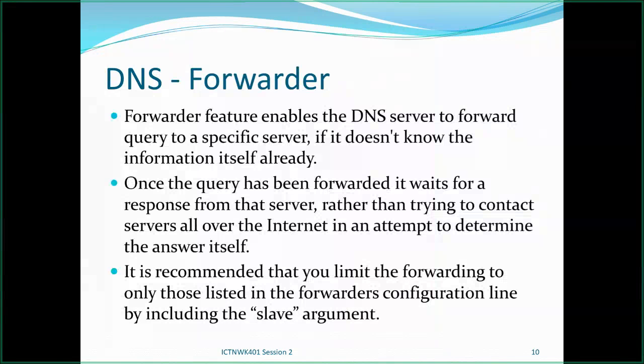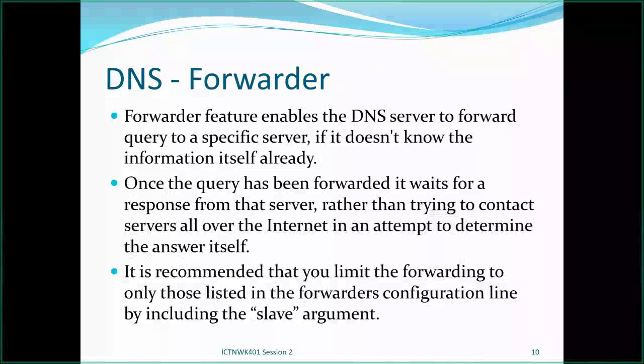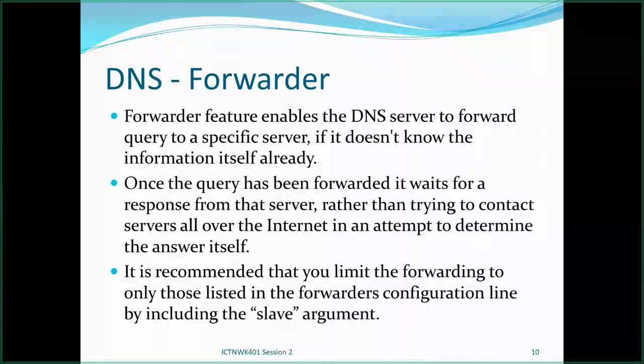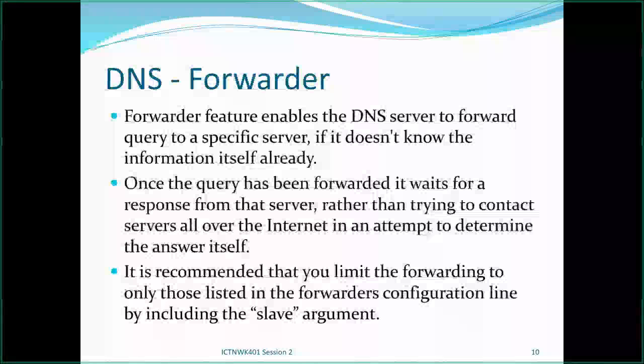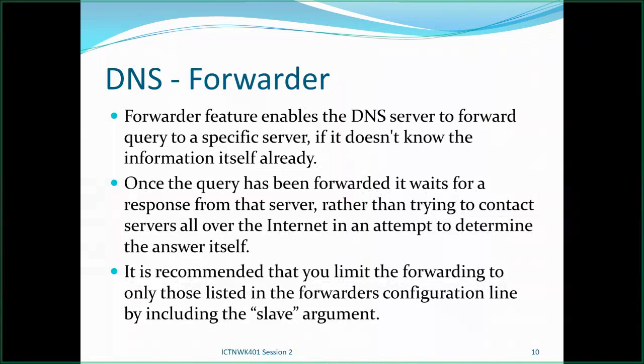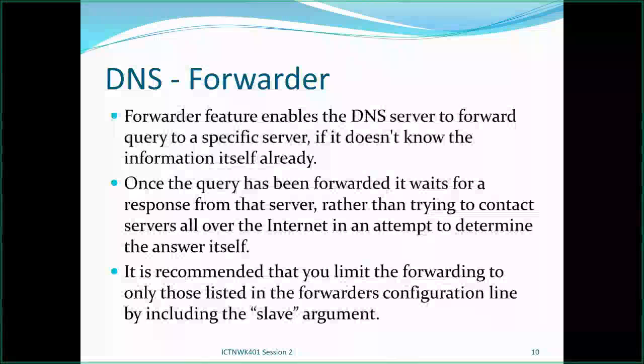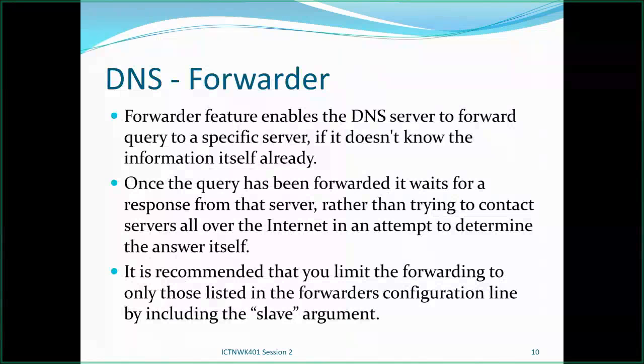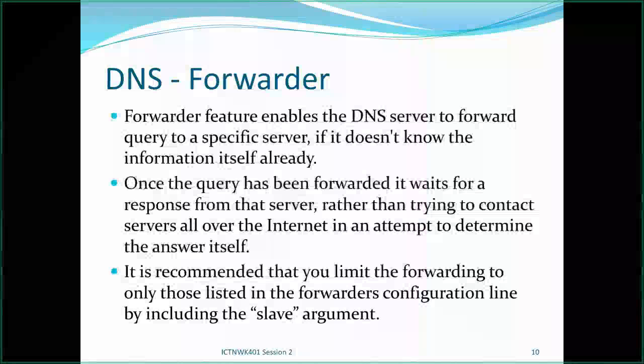One of the things you will do is set a DNS forwarder address, so that when a host wants a domain name resolved that is not one of your primary names, it'll forward the query onto another server and let that server do the full query, and it will just wait there for the response.